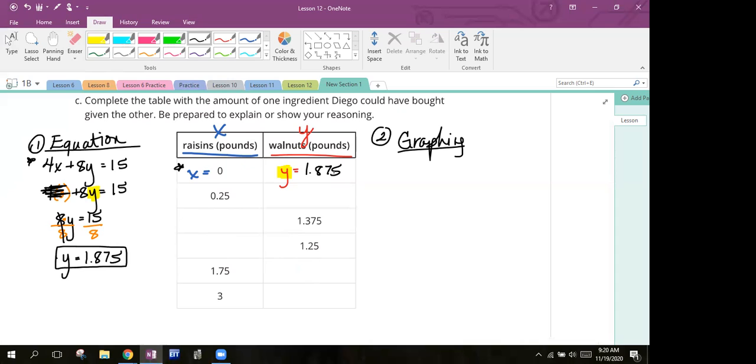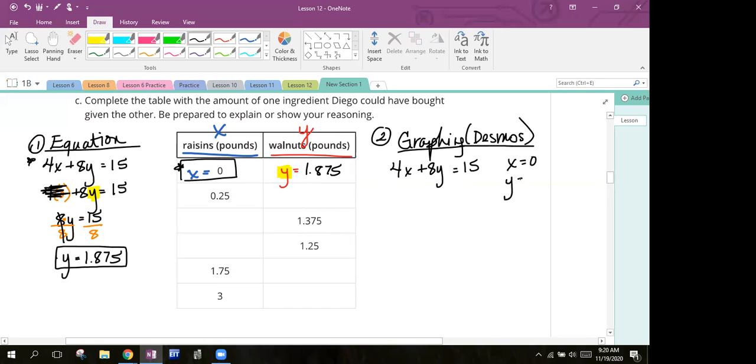All right, so the other way we're going to do it is by using Desmos to graph. And I know it seems like a hassle to go to Desmos, but once you realize how much easier it is to do that, then you will want to use it more. So once again, we have our equation that we graphed, 4x plus 8y equals 15, and we know that x equals 0.